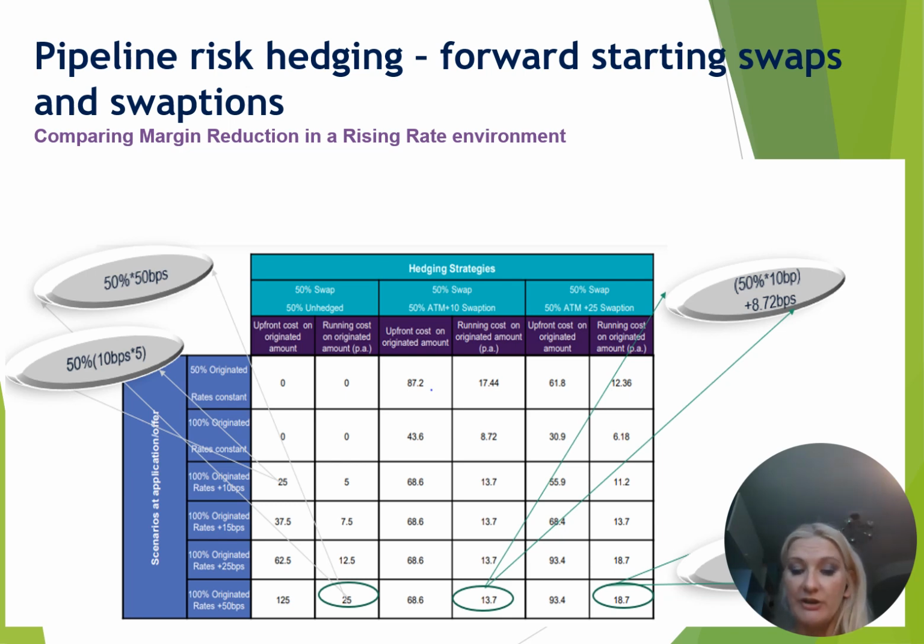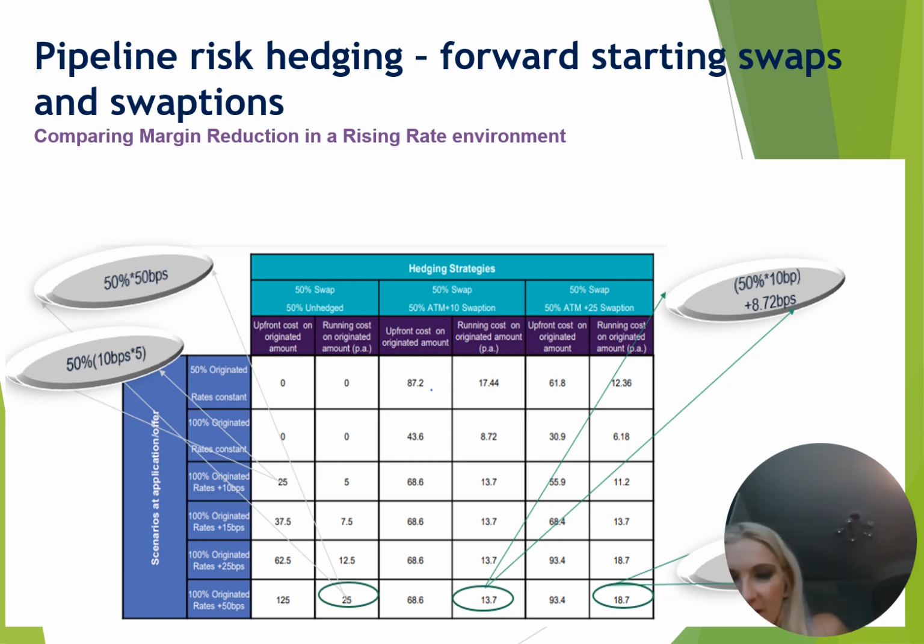And therefore, there is a negative P&L impact driven by the annual cost of the swaption plus an unhedged portion of the pipeline, because the pipeline for the 10 basis points is not hedged. It's not hedged because the option is out of the money. The option has not kicked in because it's not exercised, it does not have any value, it is worthless at the moment from the economic standpoint.